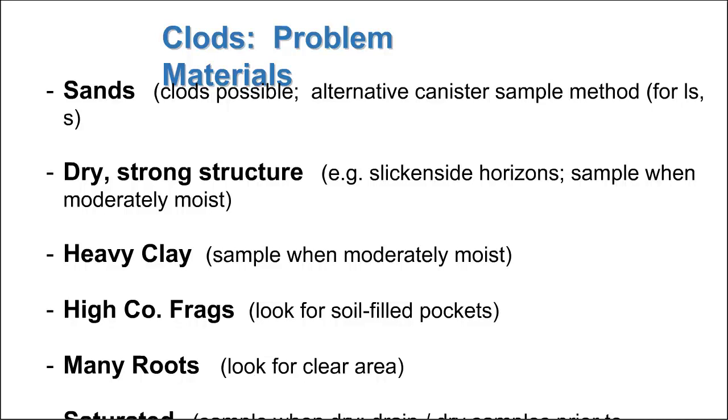One time I was rather proud of myself for getting a large number of clods from some sands in Florida, and I think in the end 2 out of the project actually were analyzed. So if you have a texture that is coarser than a sandy loam, even if you can get a clod out of it, don't. Use one of the compliant cavities methods, a can or something of that nature.